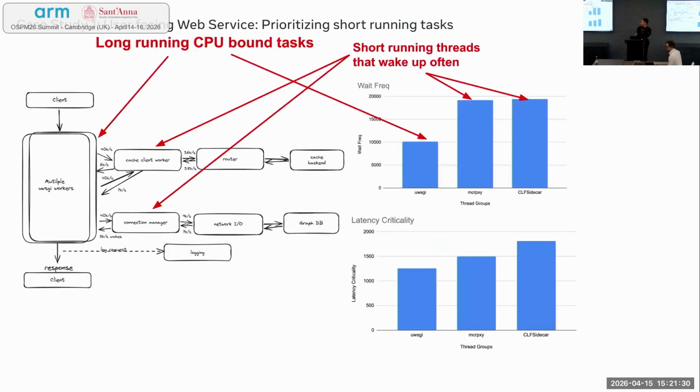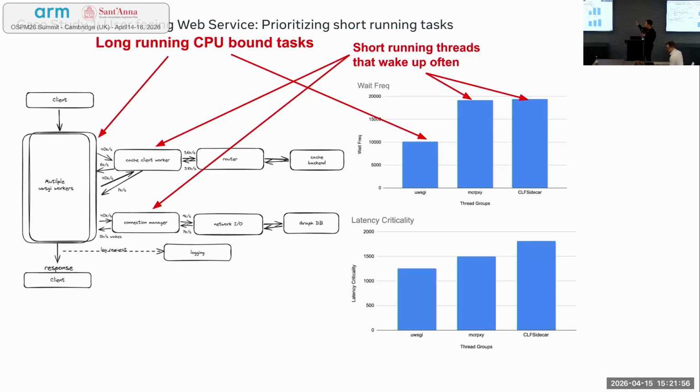Here is one of the case studies we're looking at. This is some large user-facing front-end service. If we follow a request coming in from the client, as part of that request chain it has to talk to some caching service in the back end, or to some databases. As a result, there's a chain of wake-ups throughout the lifetime of this request.